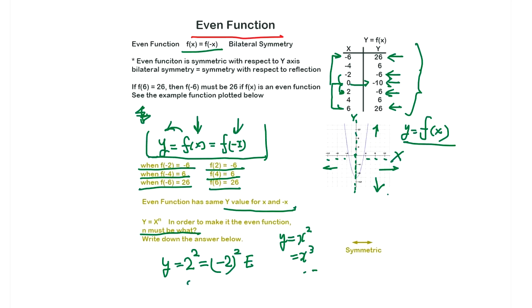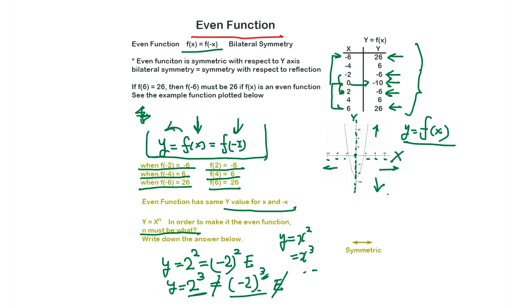How about 3? Is it going to be the same? No, this is an odd number, so this is going to be negative. Negative 2 times negative 2 times negative 2 is going to be negative. This is positive, so it's not the same. So this is not an even function.